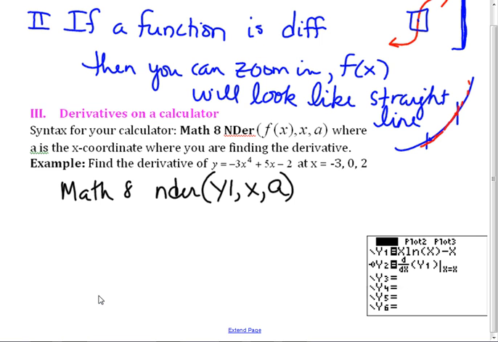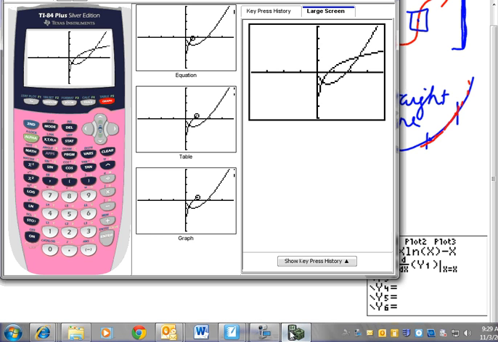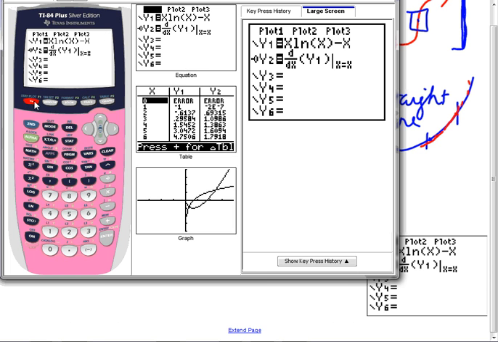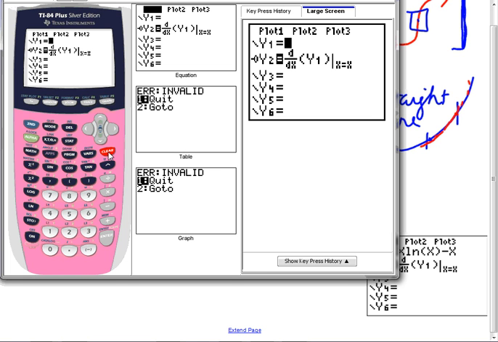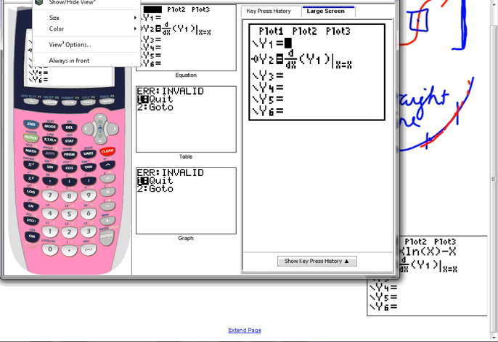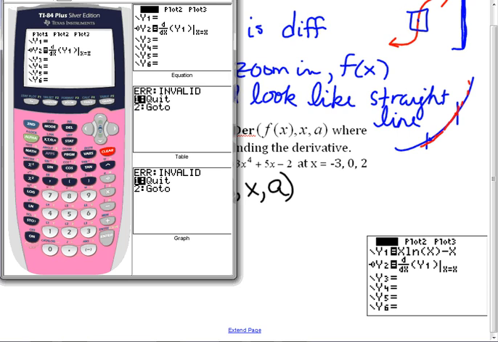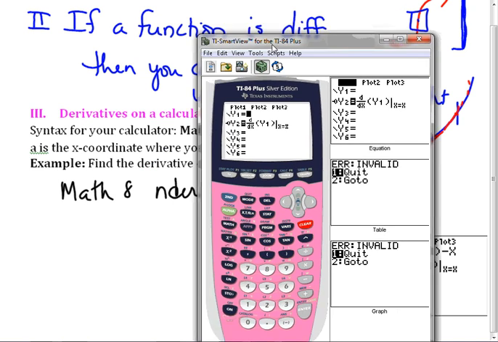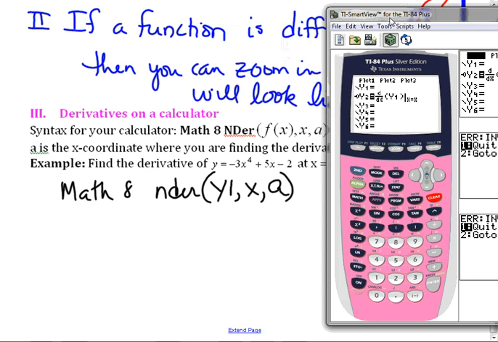Okay, so I want to go back to my graphing calculator. And we're going to put in, I have no idea, y equals, I'm going to clear this out. And what was it? X cubed? Okay, where is this guy? 3x to the fourth.